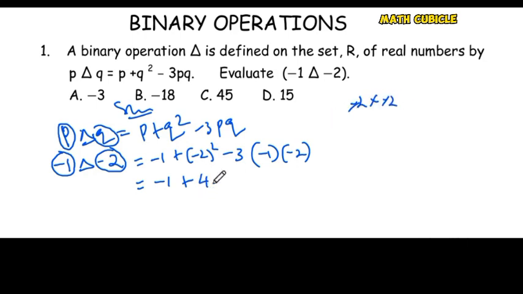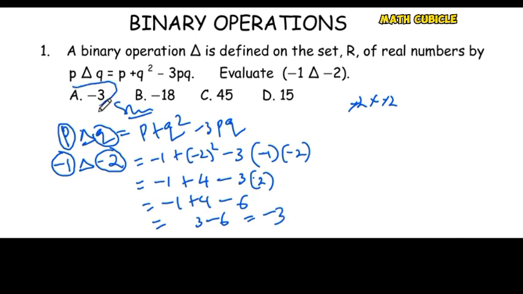So 4 minus 3 open bracket -1 times -2 is 2. So that becomes -1 plus 4 minus 3 times 2 is 6. -1 plus 4 is 3. 3 minus 6 is -3. So option A is our answer here.